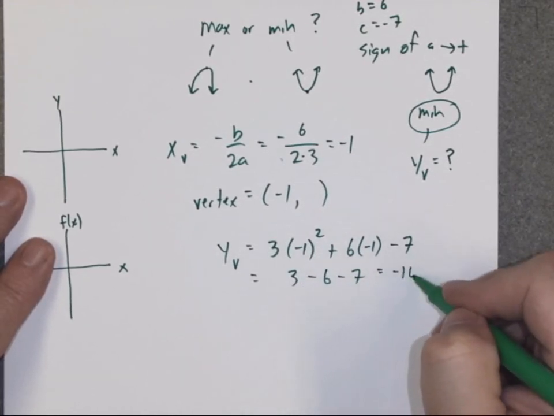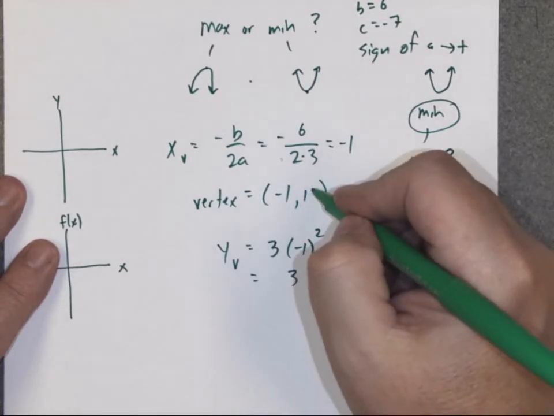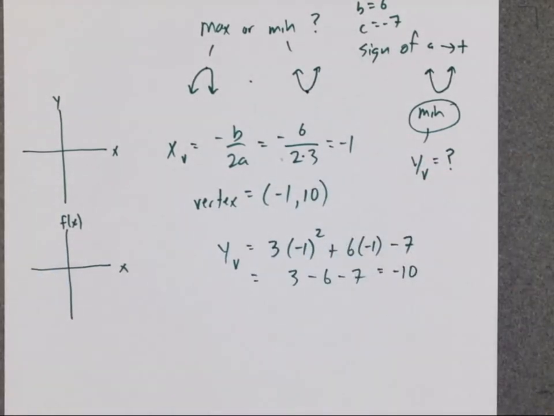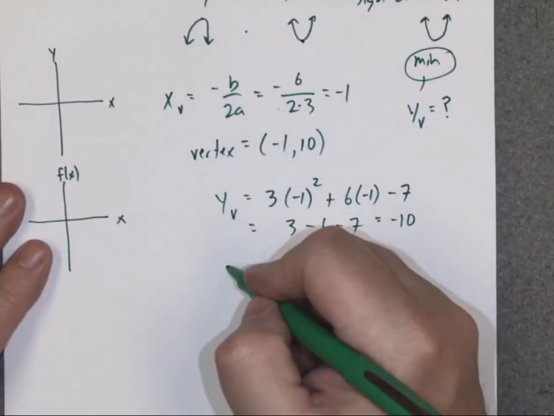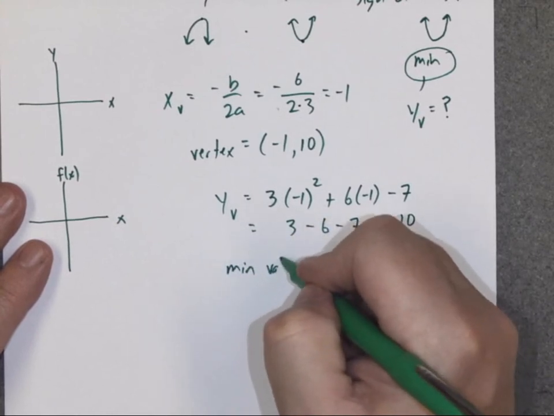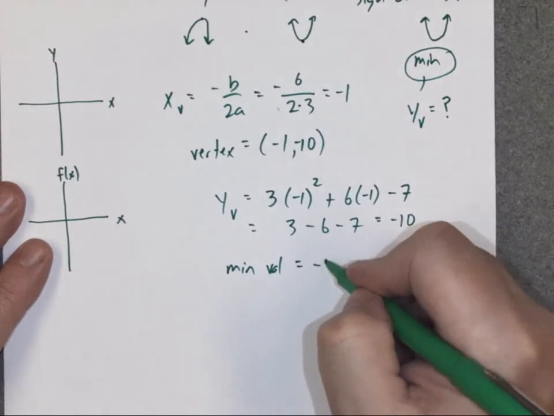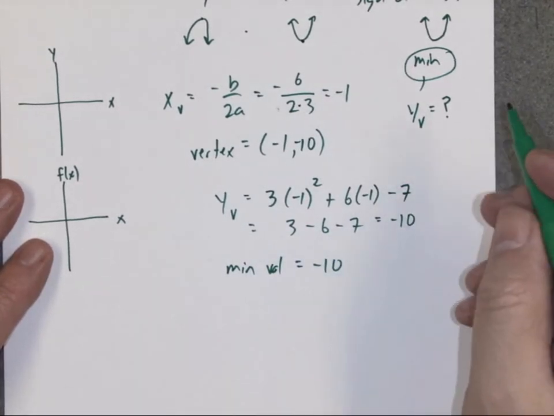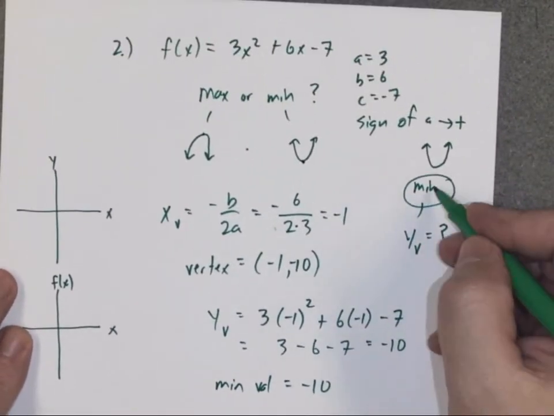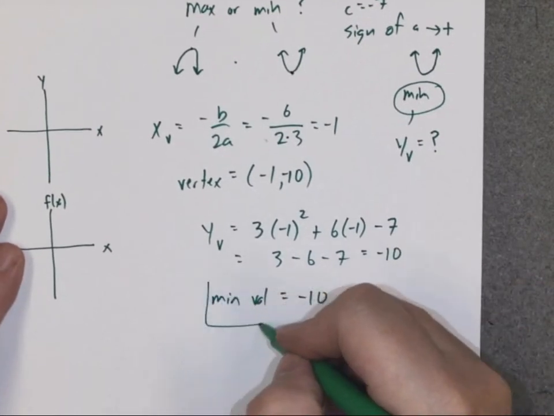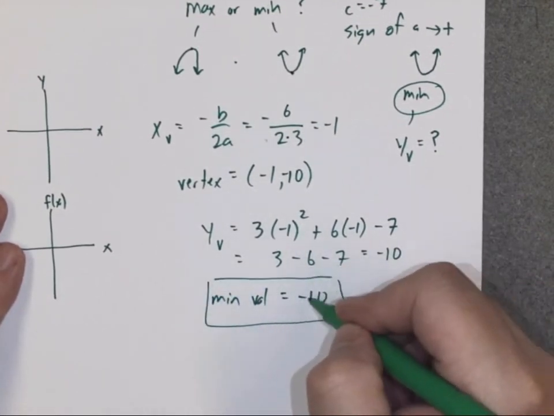I believe this is negative 10. So we'd say the vertex is (-1, -10). So they would say the minimum value of the function is negative 10. So this problem has two answers: you have a minimum, and the actual value of the minimum is negative 10.